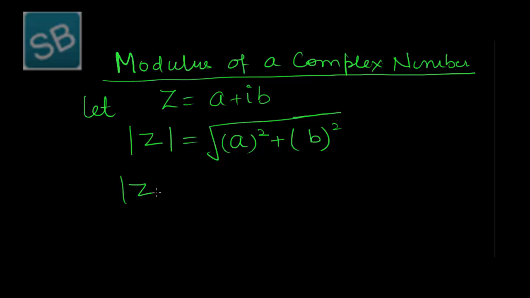So the modulus of z is always a greater than or equal to 0 quantity, that is, a positive quantity. And it is always a real number.